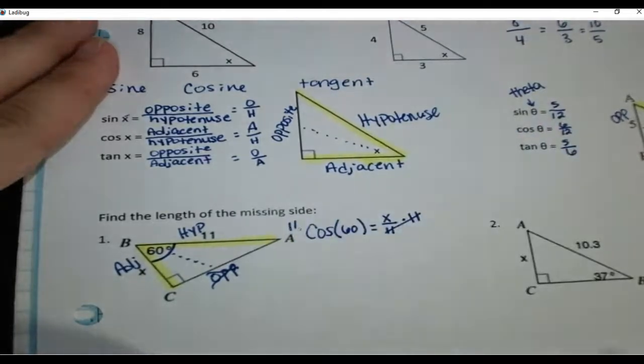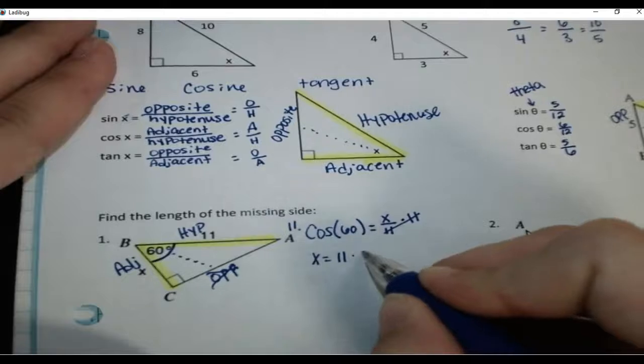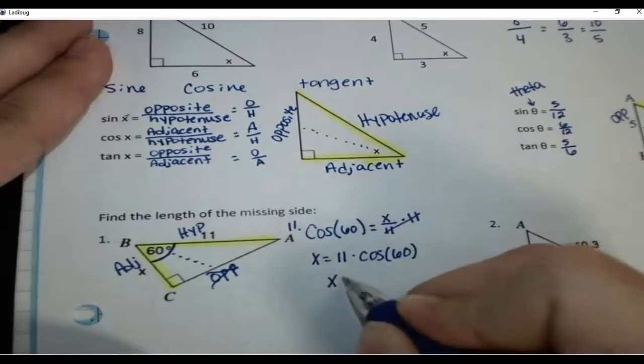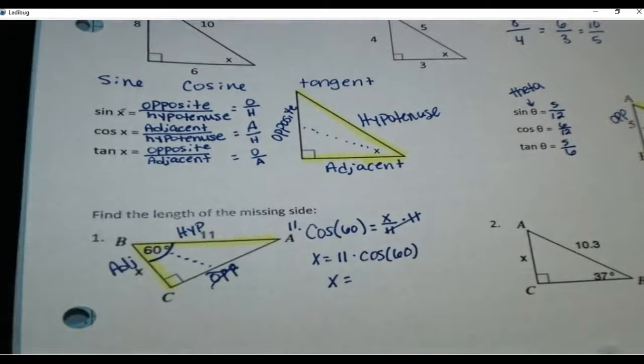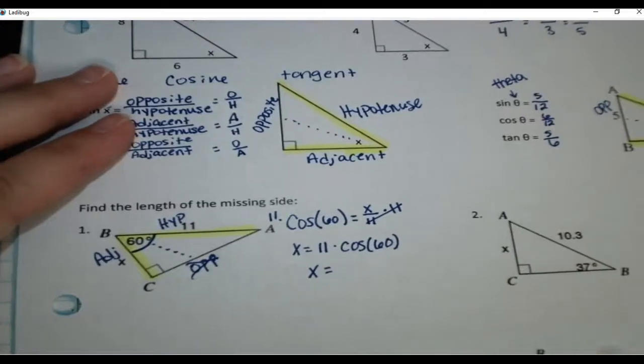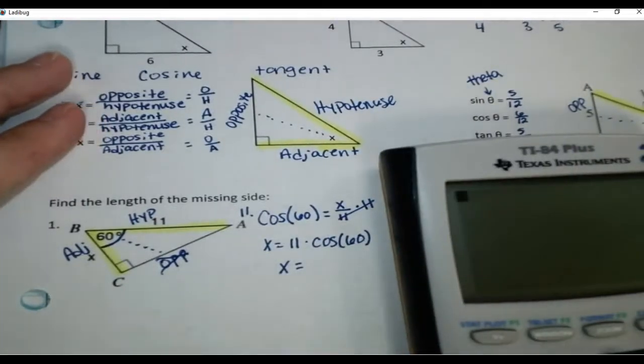So that's going to give me x equals 11 times cosine of 60, because the 60 is inside the cosine, so you can't multiply it by 11. You're not in degree mode. So then we type it in our calculator.